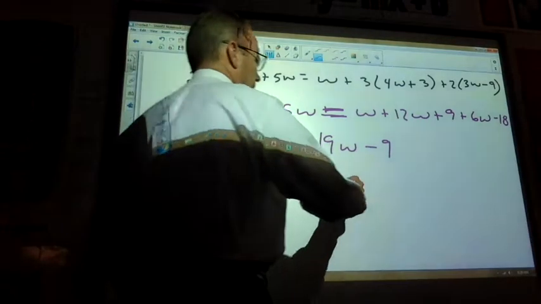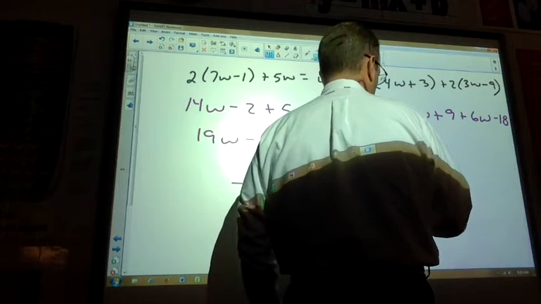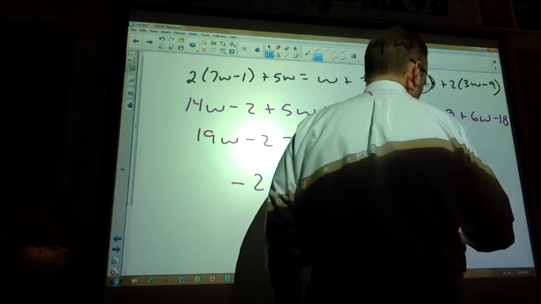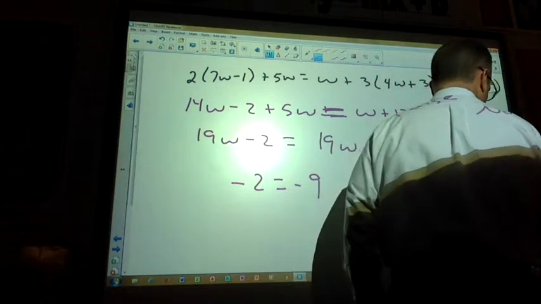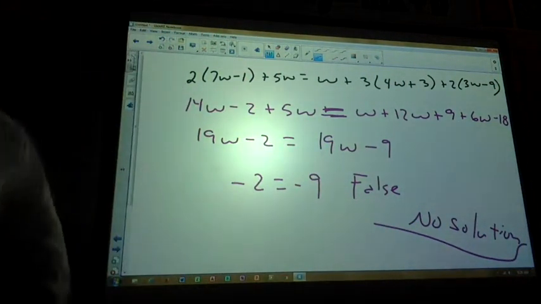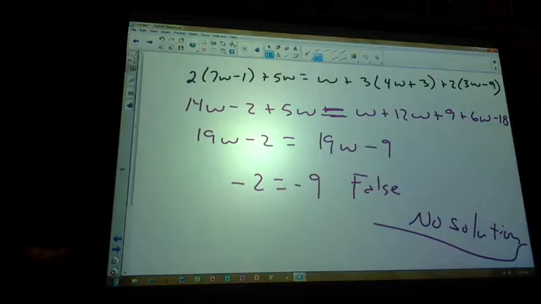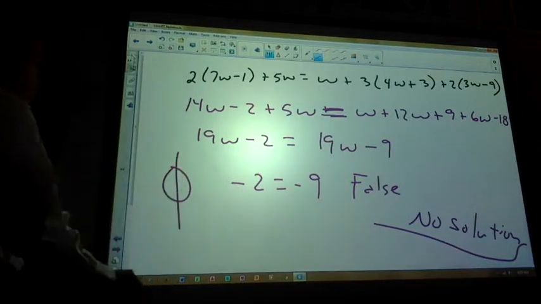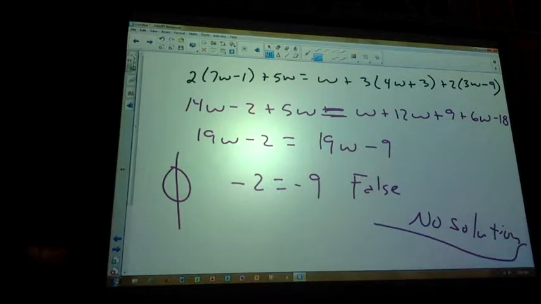That's goofy. This is a false statement, so this means you have no solution. No solution is a very different answer than infinite solutions, so don't get them confused. It's called the empty set. Looks like that.